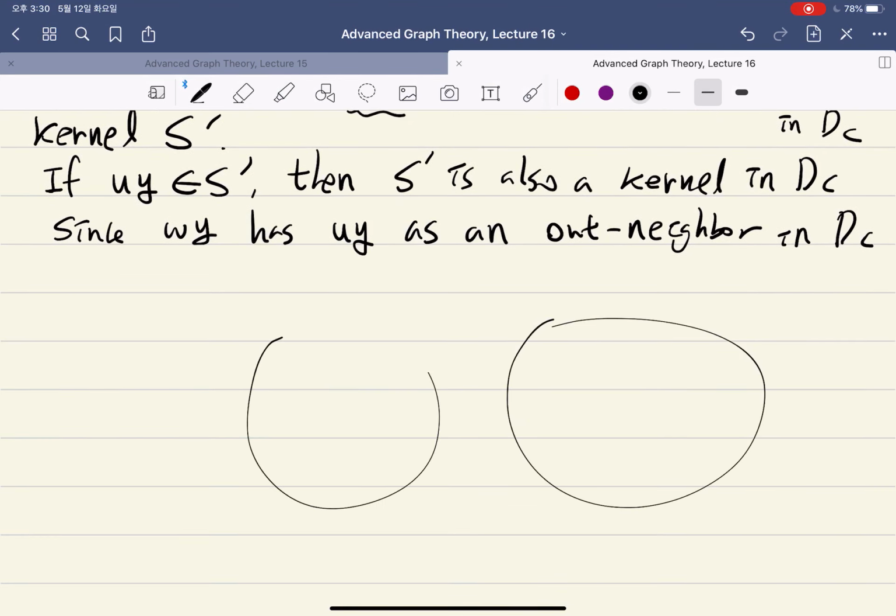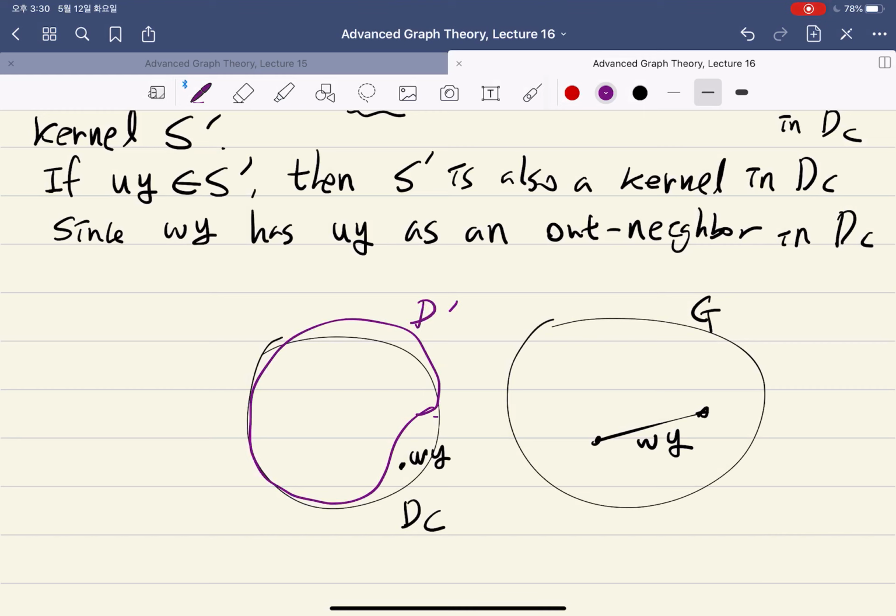So this is DC, this is the original G. You delete this wy, and we take this G prime, and then we found this S prime. And this is a kernel, so this is an independent set, and every vertex in G prime has an out neighbor there.